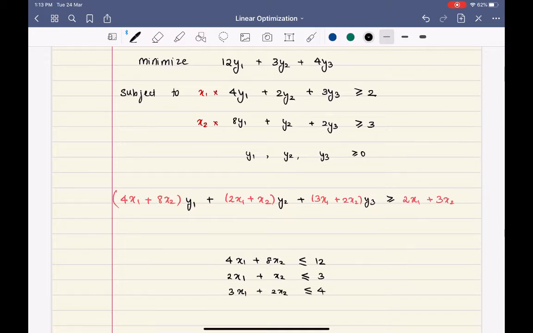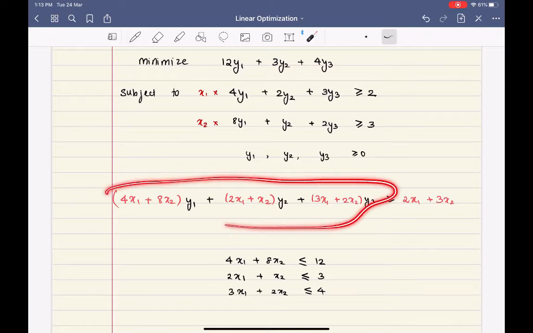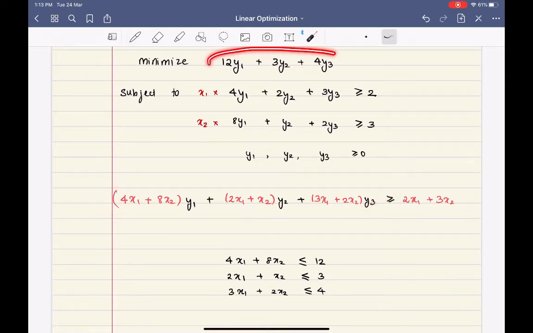Then what happens? Suppose we know that, then since y1, y2 and y3 are all positive, if we have something bigger than these, then that quantity has to be bigger than this quantity. So in some sense, this cost should be bigger than this. So let me write that.